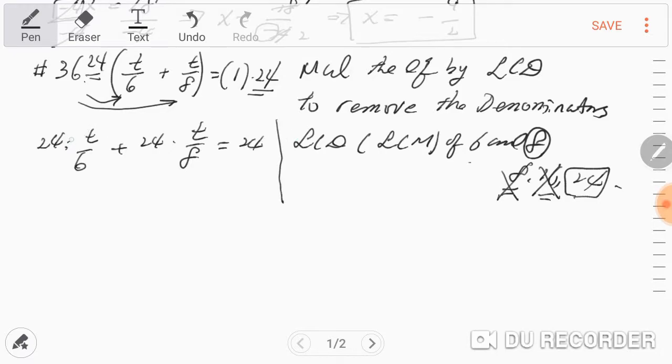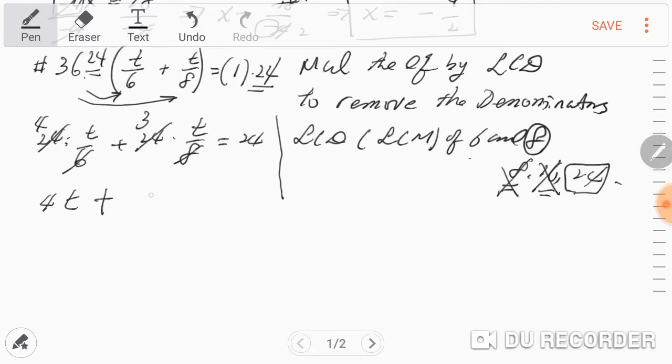Then from this we can simplify. 24 divided by 6 is 4, so we have 4t. And 24 divided by 8 is 3. So 3 times t is 3t equals 24.